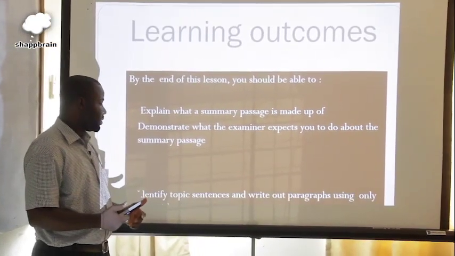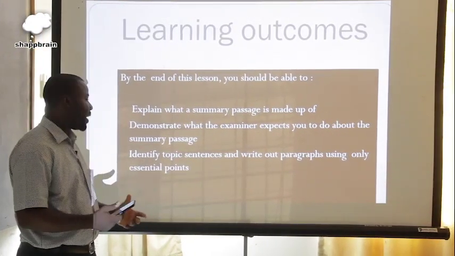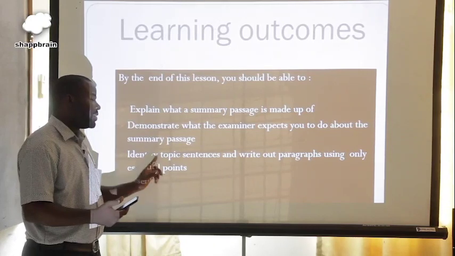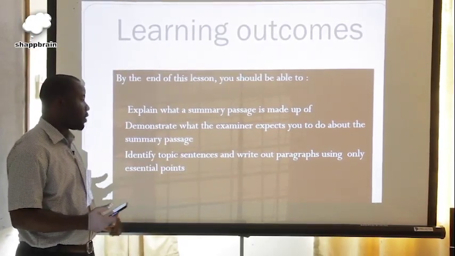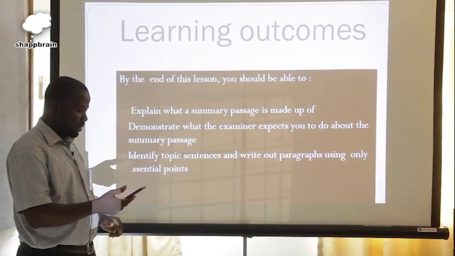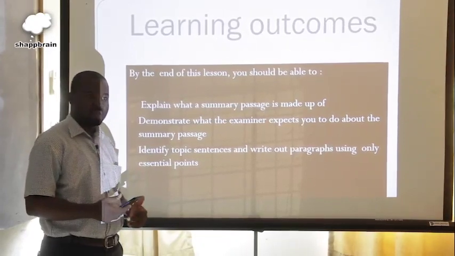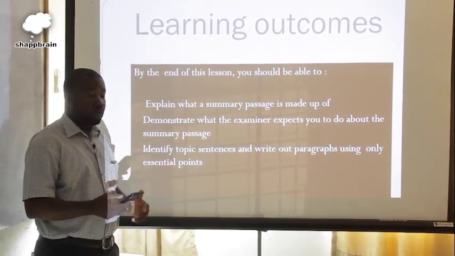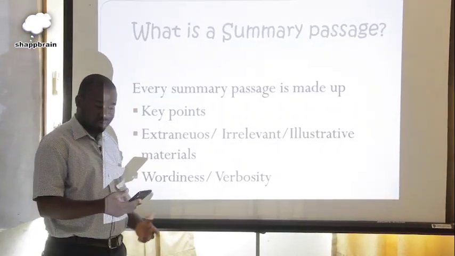And the third one is, when you see a passage, you should be able to identify topic sentences and write out paragraphs using only essential points. Very good. So these are our learning objectives, and we are going to go straight to the lesson to look at what a summary passage is.